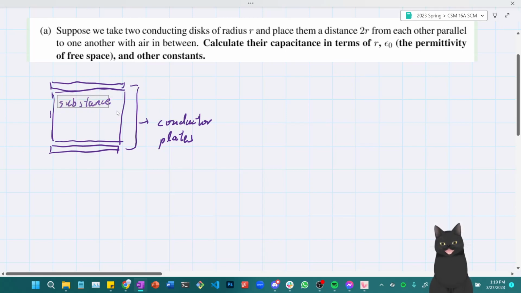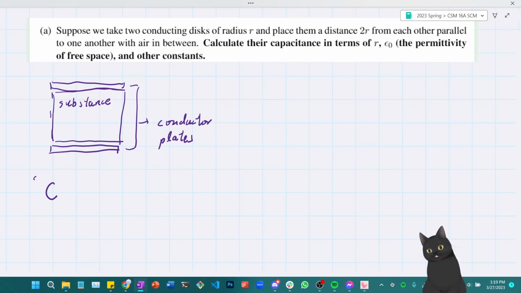The way that this substance in between the two parallel conducting plates helps us store charge is by raising a metric of a capacitor called capacitance. So C, which stands for the capacitance of a capacitor, is equal to kappa epsilon naught A over D, which is also written in your lecture as epsilon A over D. Here is what these variables specifically mean.